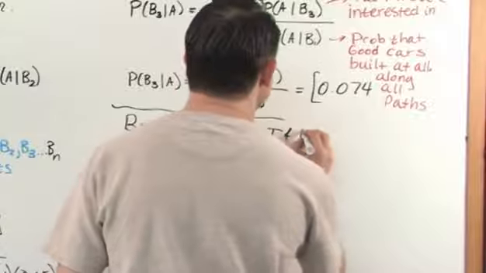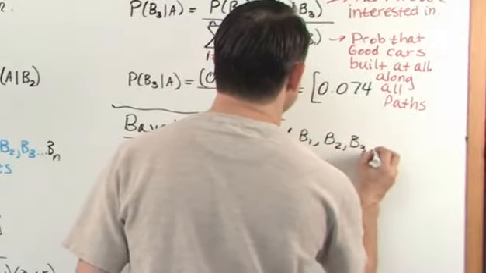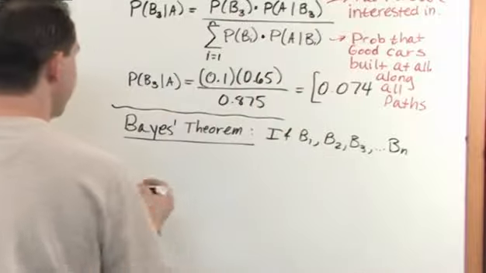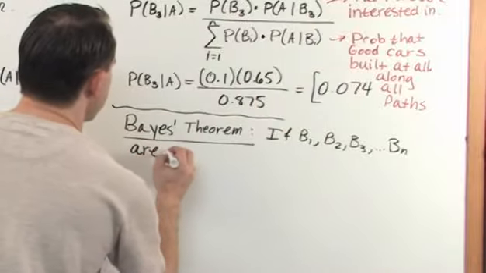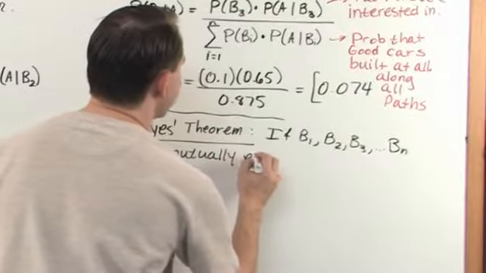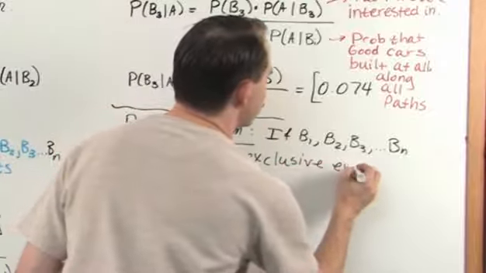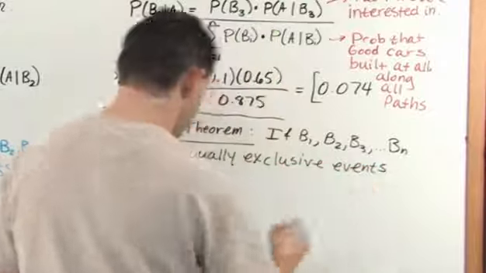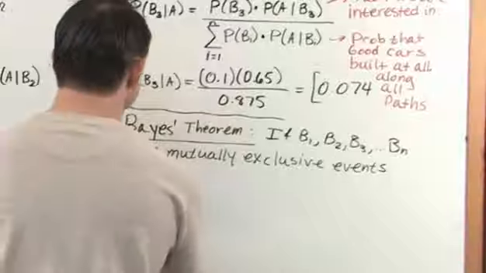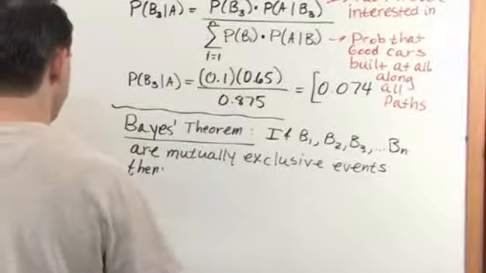If B1, B2, B3, dot, dot, dot, up to Bn, just like the other one, are mutually exclusive events, of which one must occur, then what are we going to say here?